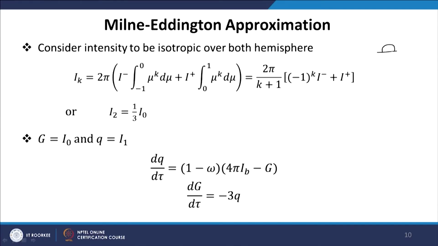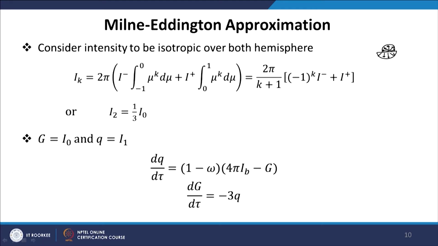What Milne and Eddington basically did was the same thing that Schwarzschild did, assuming the intensity to be isotropic over both hemispheres, that is the upper intensity is isotropic and the bottom intensity is also isotropic, although they may have similar or different magnitude. This approximation is basically the same, and we will see that it leads to a similar equation to what we developed for the 2 flux method.